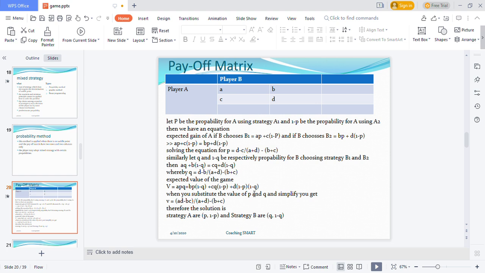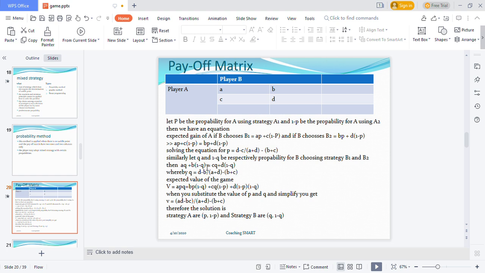Solving the equation for P, we get P equals D minus C divided by (A plus D) minus (B plus C). So this becomes the solution that you get when you make P the subject.